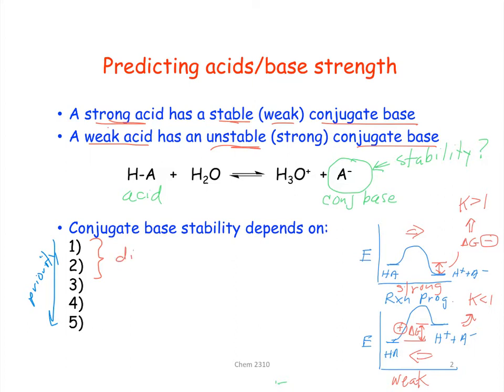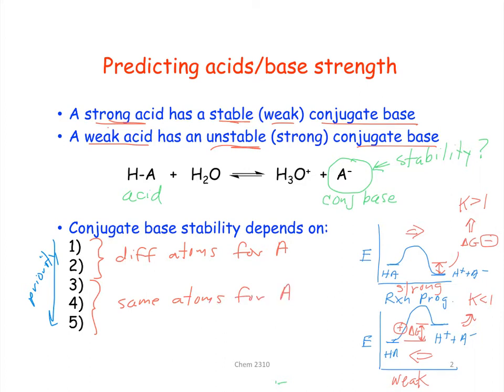So this is for different atoms for A. And then the last 3 here are going to be for examples where the atom that holds the charge is going to be the same. So these are going to be for the same atoms for A.